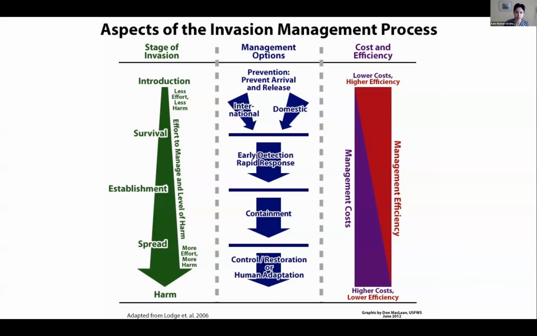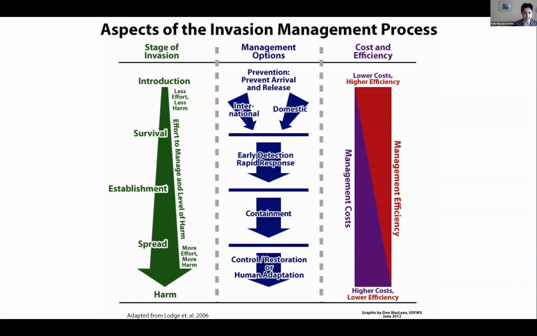I want to start today with a quick review of the relationship between the process of invasion and the options and costs for invasive species management. So we'll assume here that we're talking about a true invasive species, one that spreads and causes harm when it becomes established outside its native range. If we wait to manage an invasion until after the species has established and spread widely, the species will cause a lot of harm and management will be expensive.